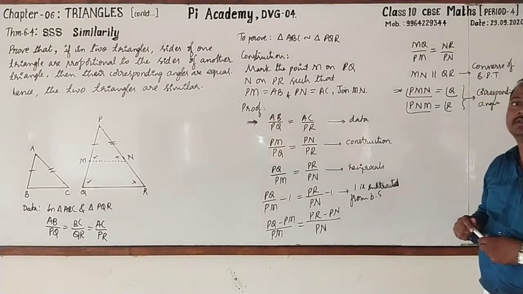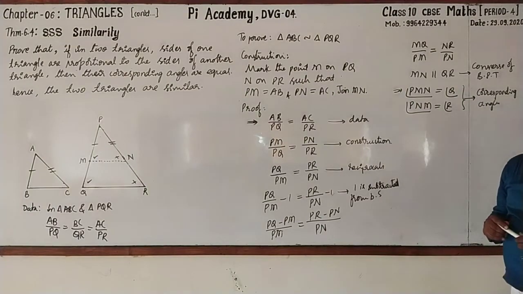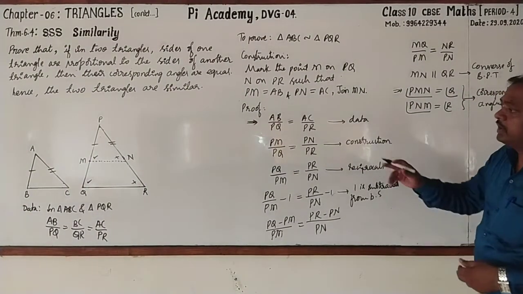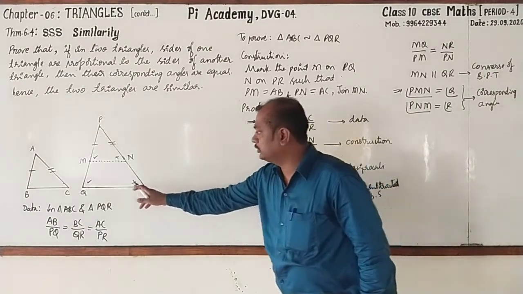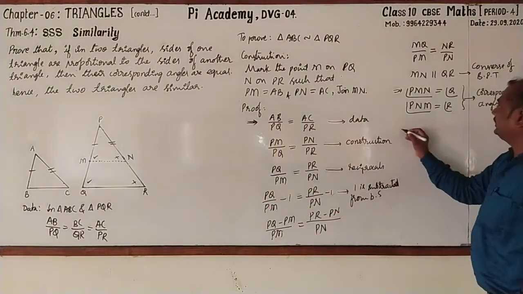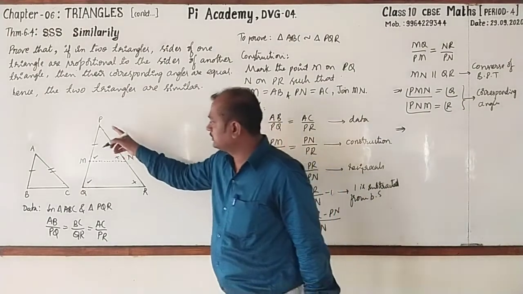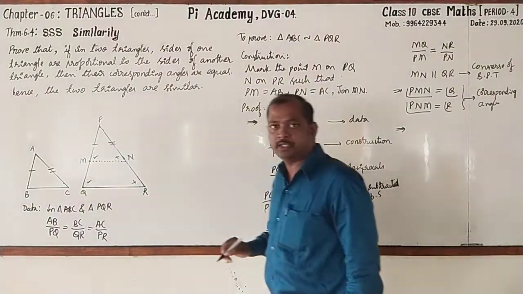Then further, I'll explain that. As MN is parallel to QR, we can write that it is PM by PQ.